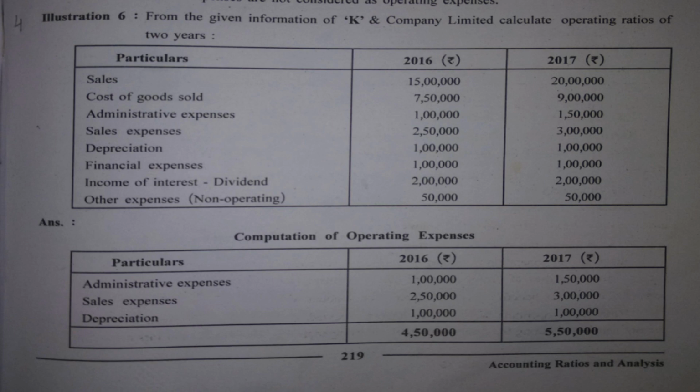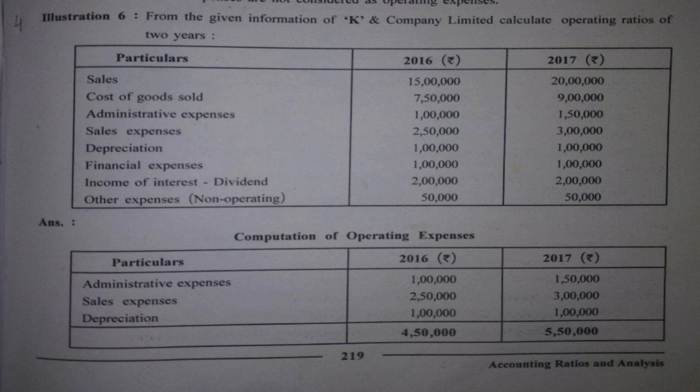Then we need operating expenses. Then we need sales. Sales is the very first item mentioned, 15 lakh. COGS 7,50,000. So the only thing that I require is operating expenses now. What is included in it?